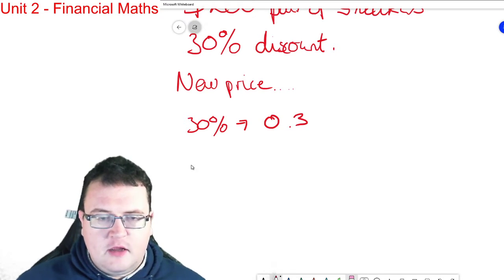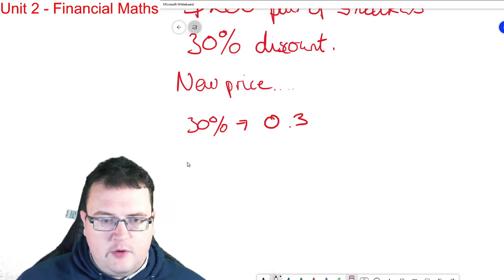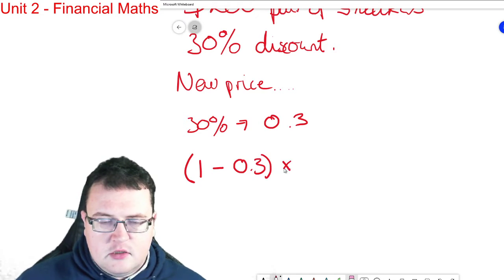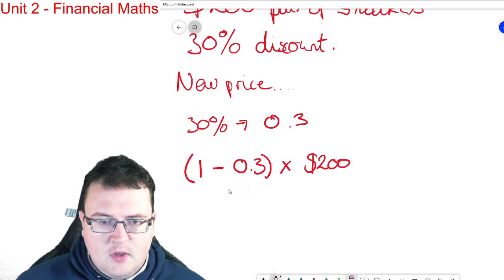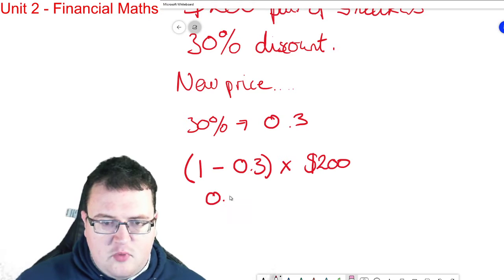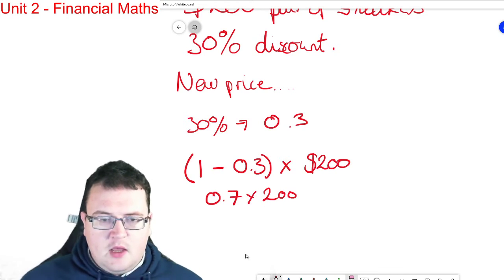So the formula for the new price is going to be 1 minus 0.3 times 200. That turns out to be 0.7 times 200. Using your calculator, what does it come out to?